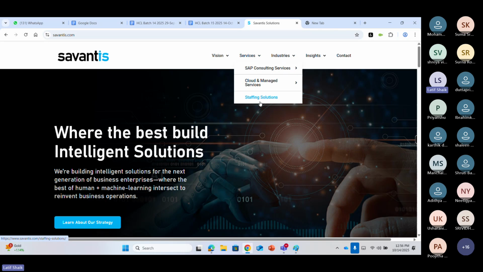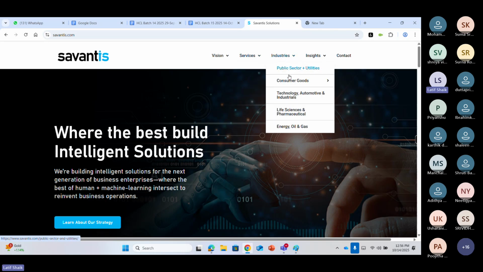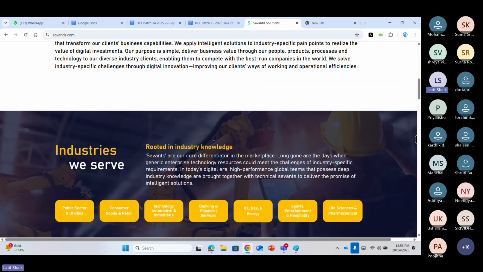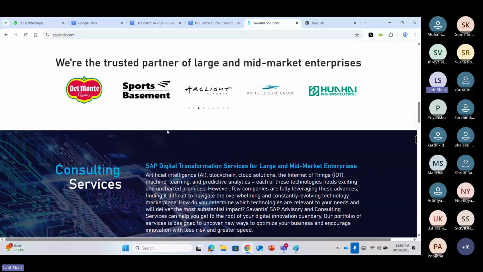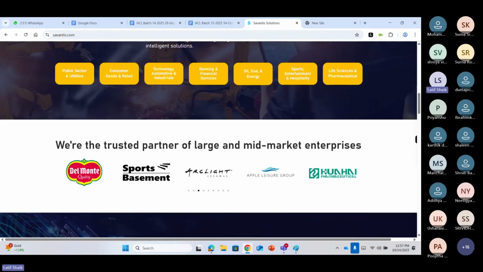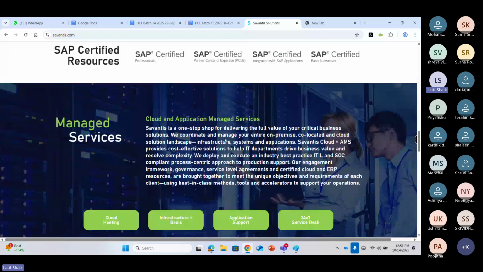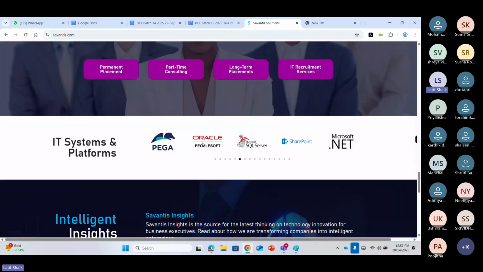And you see these industries: consumer goods, high technology and automation, oil and gas companies, life sciences and pharmaceuticals, public sector and utilities. These different industries took our services from Savantis. Okay. See different partners and so on. And there are some achievements also.